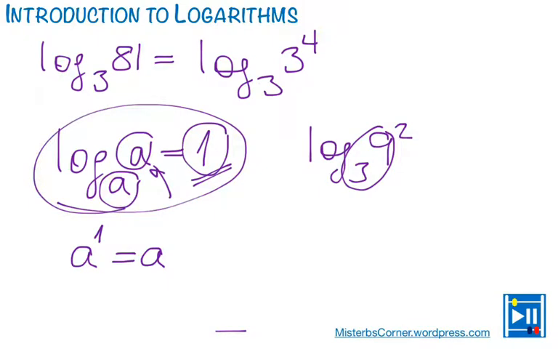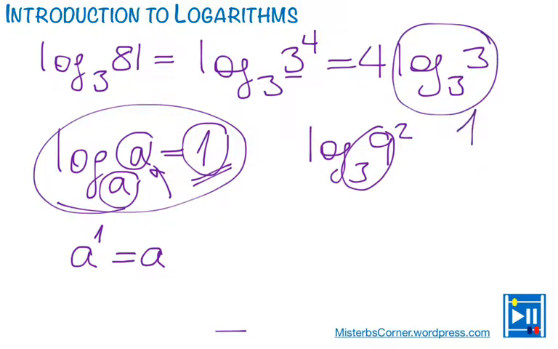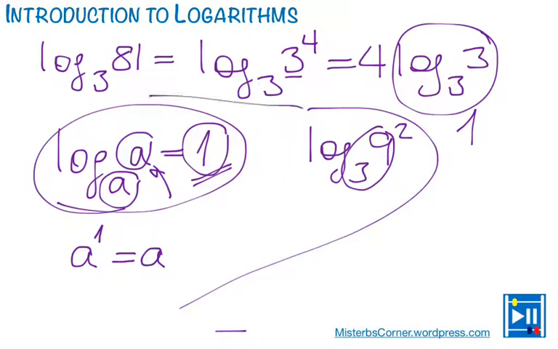That's why I choose to write 3 to the power of 4. Then this is equal to 4 times log in base 3 of 3. That's another property that we're going to talk about later. And because this equals 1, I end up with 4 times 1, being 4.